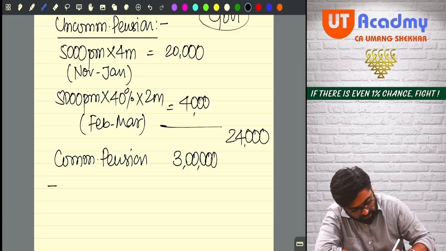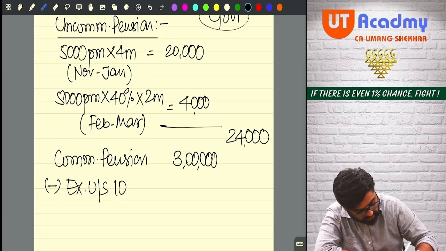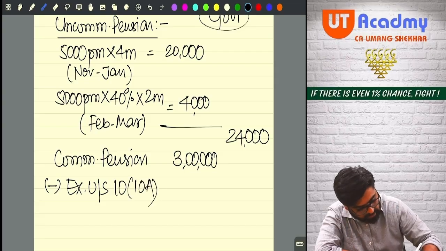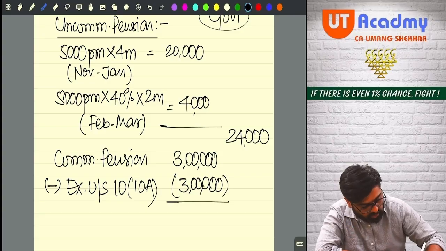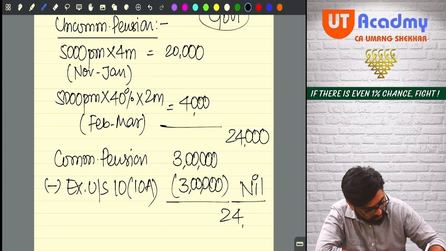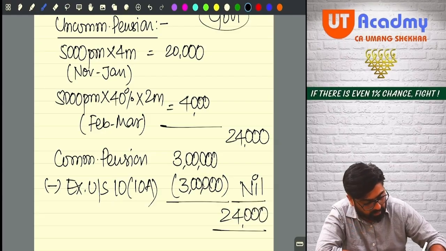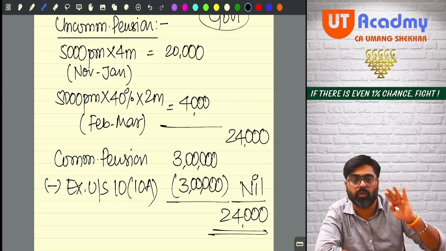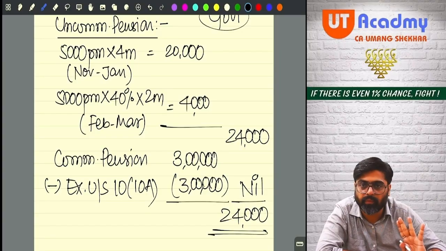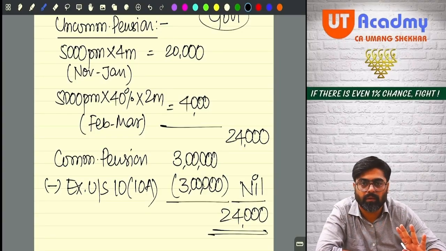Now out of that he will get the exemption under section 10(10A). How much? Full 3 lakhs. Full exemption for commuted pension. Yes or no? So how much will be taxable? Nil. So here total taxable pension for him, if he is a government employee, is 24,000 only. Only the uncommuted part. Any problem till here?